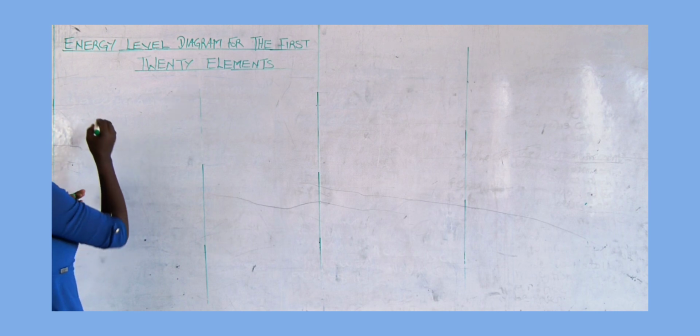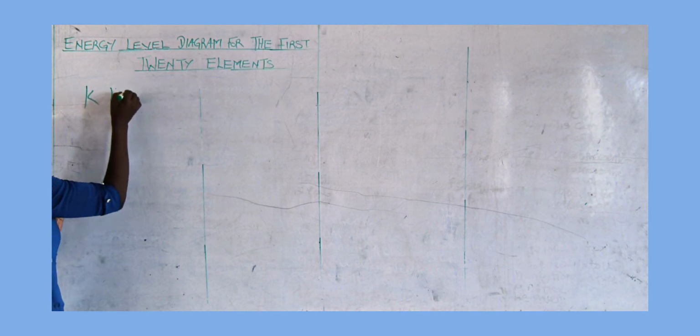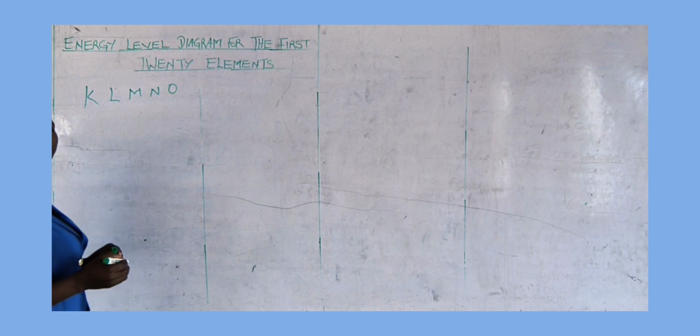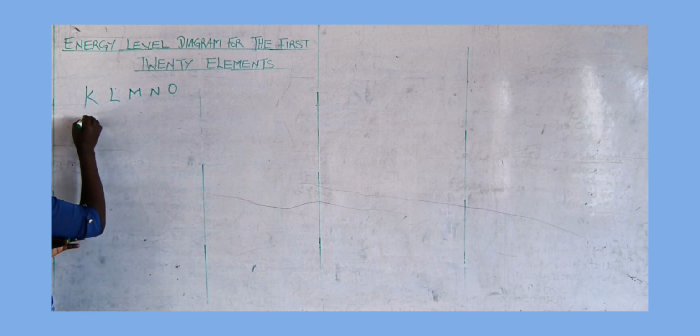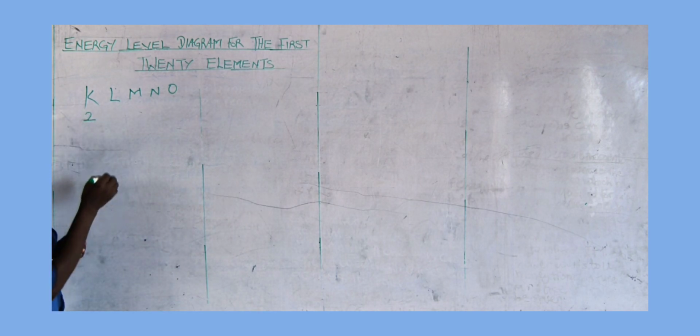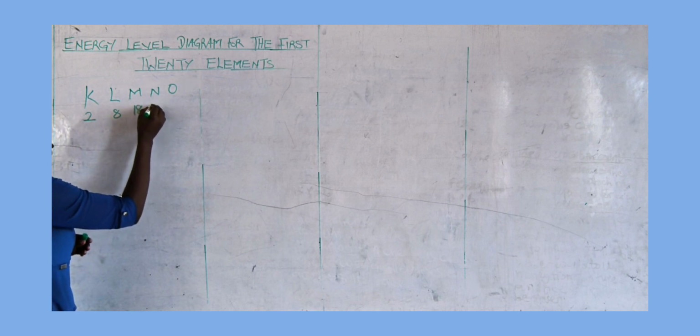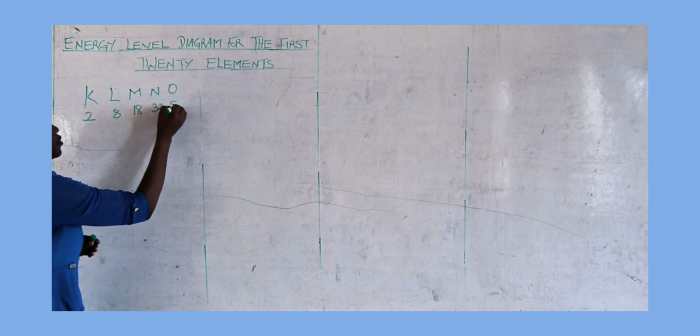I mentioned the K, L, M, N, O. You still remember the energy level diagram? K has a maximum of 2 electrons, L has 8, M has 18, N has 32, and O is 50.